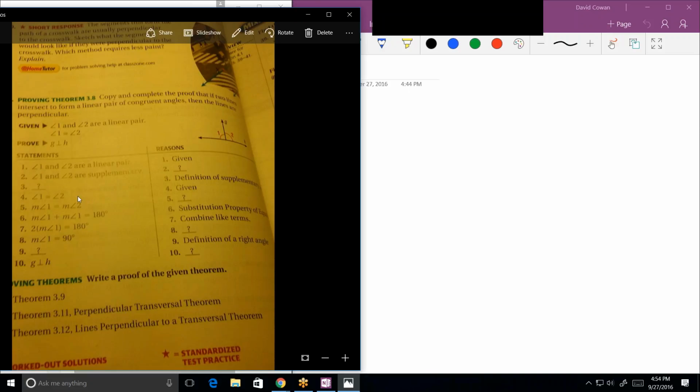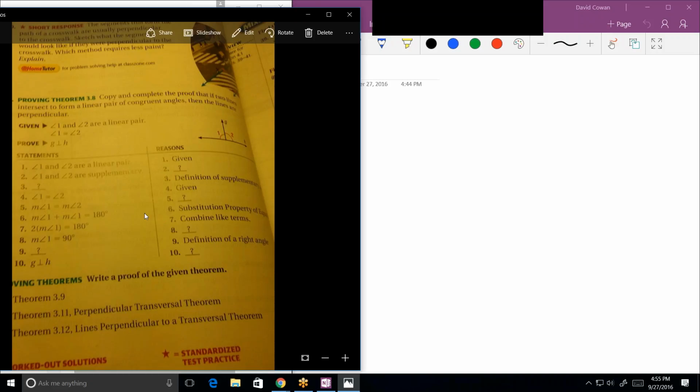Okay, so 4, they give you the statement and they give you the reason. That was a given. Angle 1 is congruent to angle 2. Yeah. So number 5 says the measurement of angle 1 is congruent to the measurement of angle 2. What's the reason? The reason is definition of congruent angles. Correct.